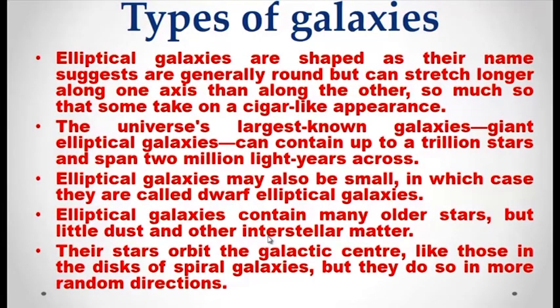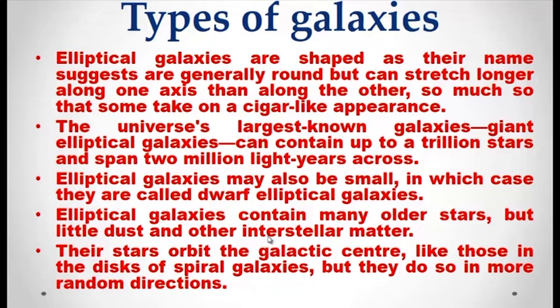Elliptical galaxies are shaped, as their name suggests, generally round, but can stretch longer along one axis than along the other, so much so that some take on a cigar-like appearance. An ellipse has 2 axes, a major axis and a minor axis.